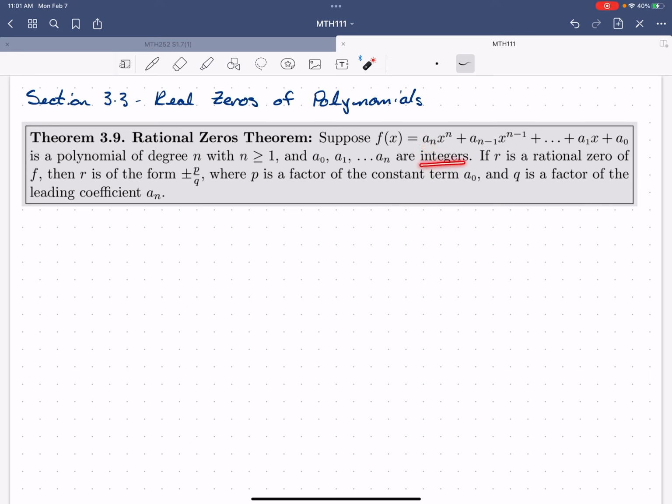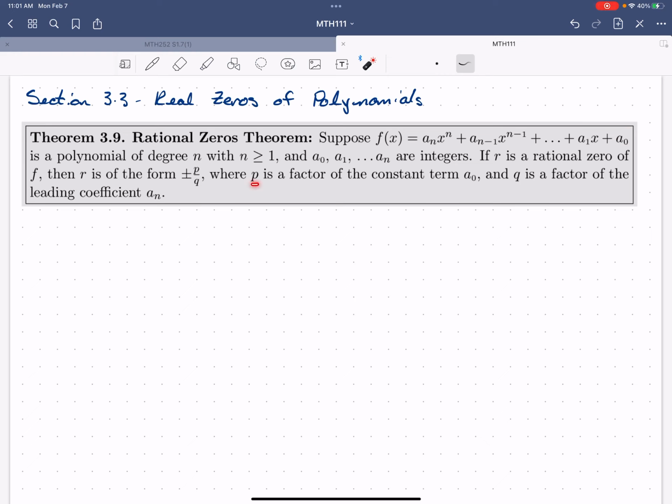Then r, the number r, is a rational zero of this function if it's one of a certain set of numbers. And that certain set of numbers come from the factors of this leading coefficient and this constant coefficient.